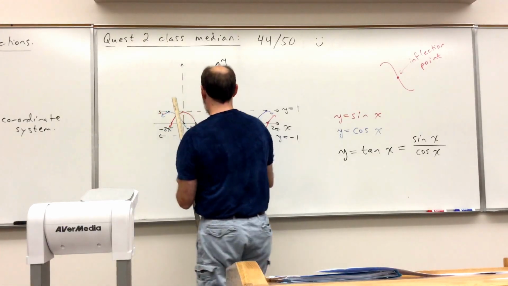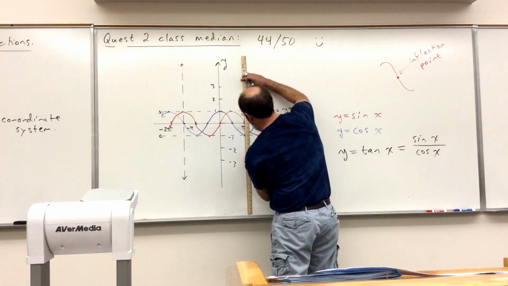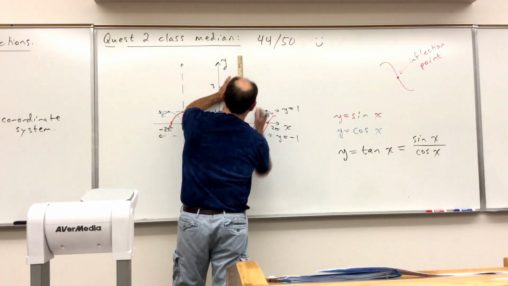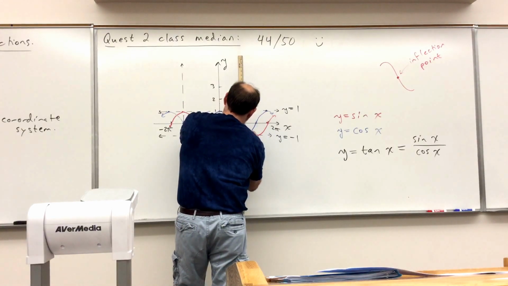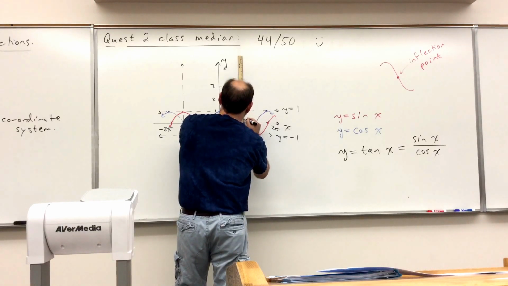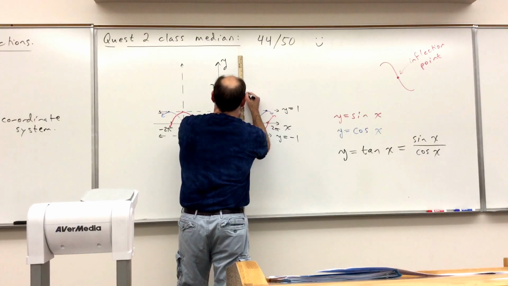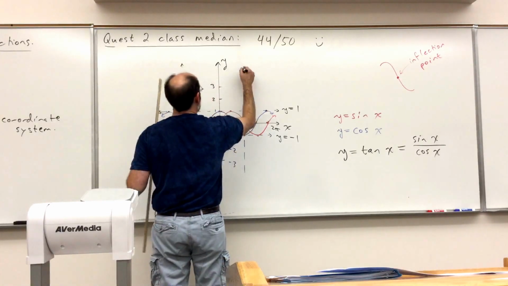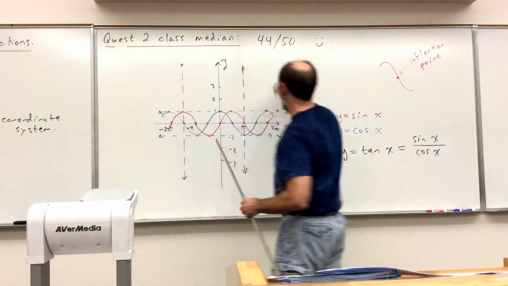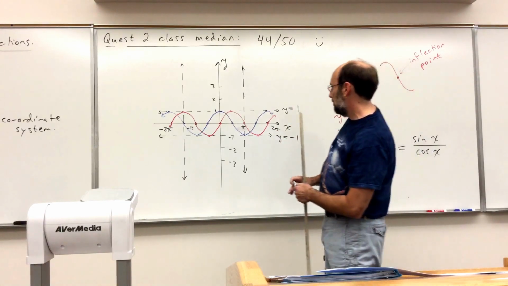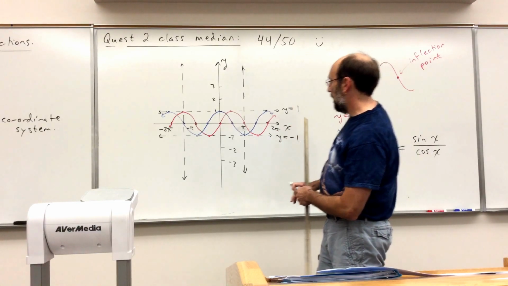Minus pi, 0, pi. Draw one more vertical asymptote at, wait a minute. I'm sorry, I have this wrong.